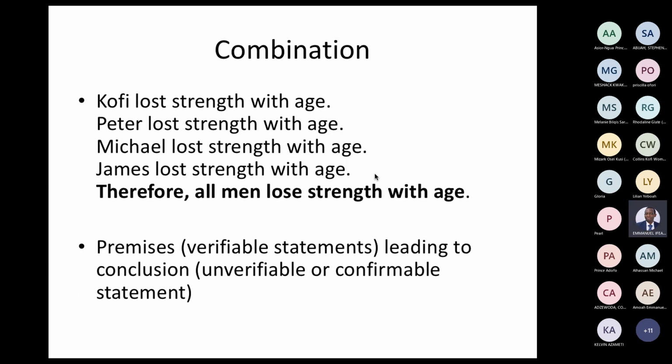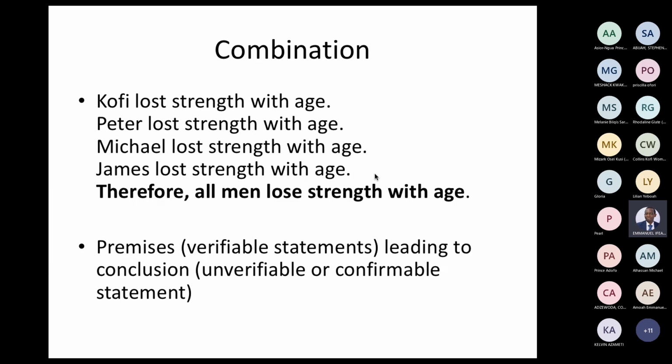So let's look at it this way. If we combine both, this is an argument where you have four premises that are verifiable statements, and then the conclusion is a confirmable statement. Look at the verifiable statements.